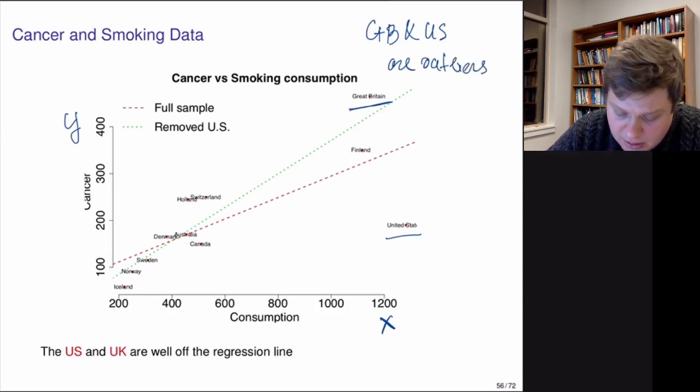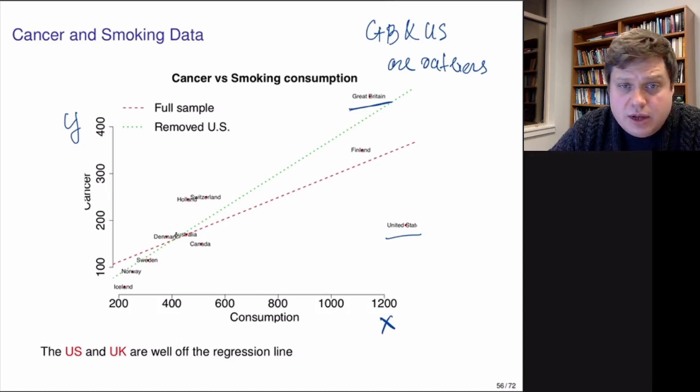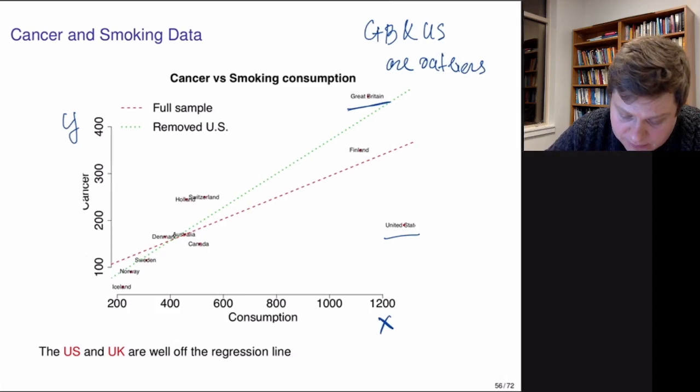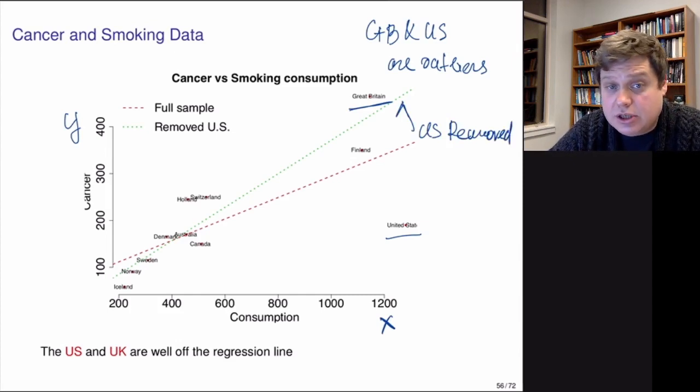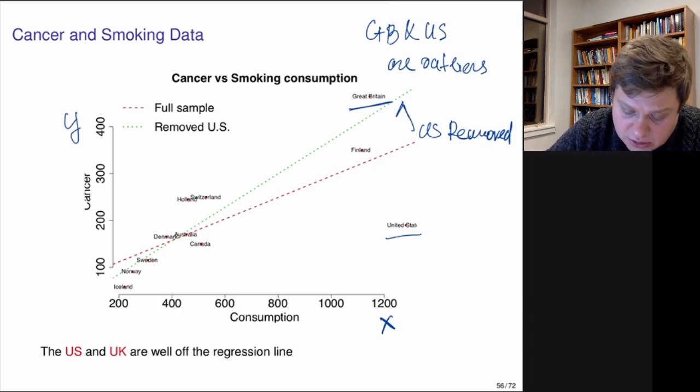And also what we did here, we removed the United States from the data set and we refitted the line, and what you see here is the green line, which is a result of that. So this line is US removed. What you see is that the line actually does change quite a lot if you remove the United States from the observations, which also tells us that the United States is an influential point.